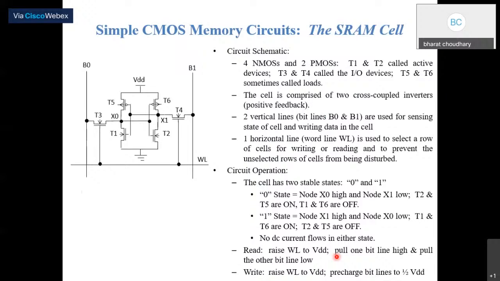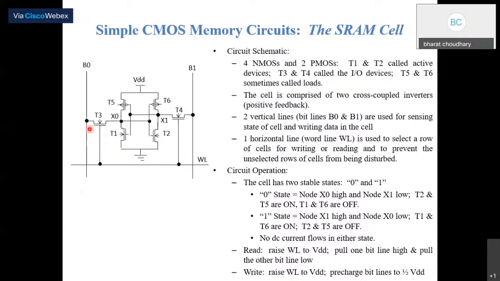Now similarly, the SRAM cell has 4 NMOS transistors and 2 PMOS transistors. Here the 2 PMOS transistors T5 and T6, and 4 NMOS transistors T1 to T4 are used. T1 and T2 are called active devices, and T3 and T4 are called the input output devices, where T5 and T6 are called loads.